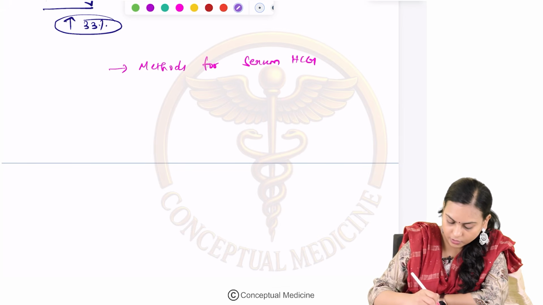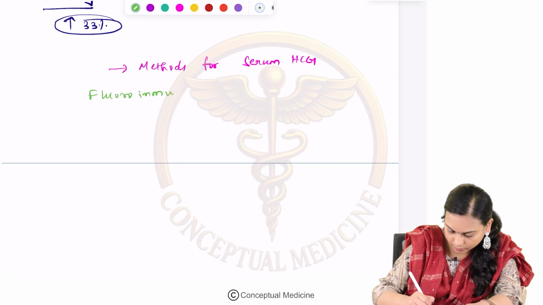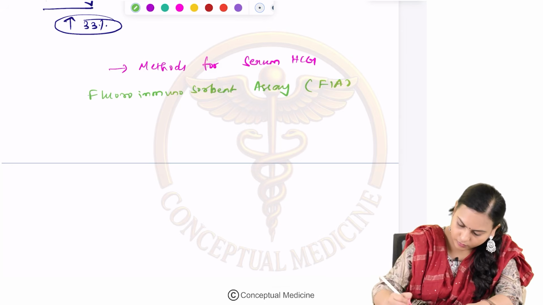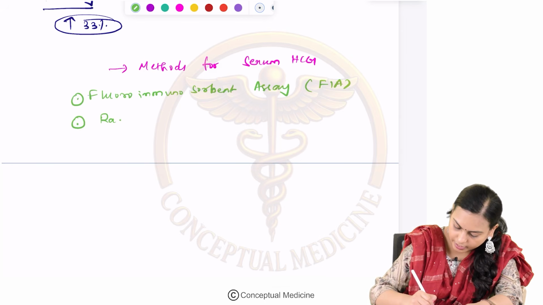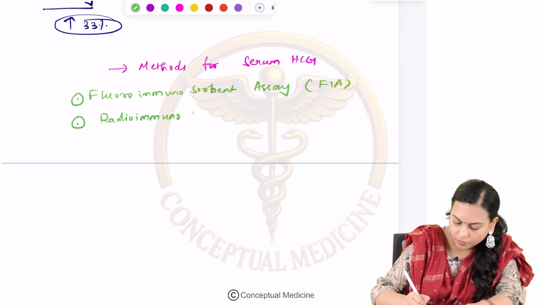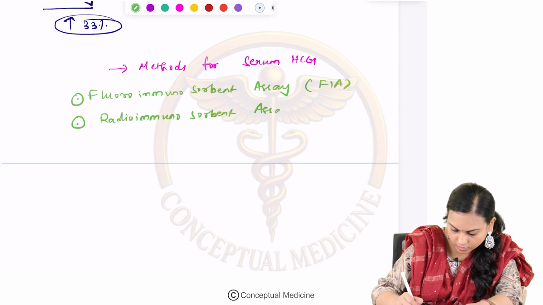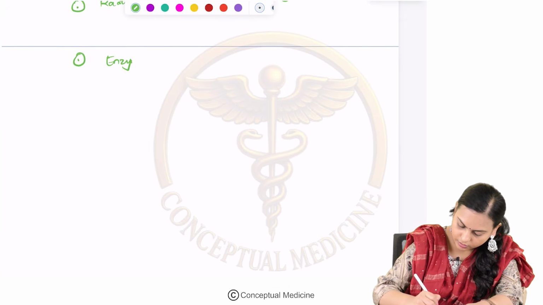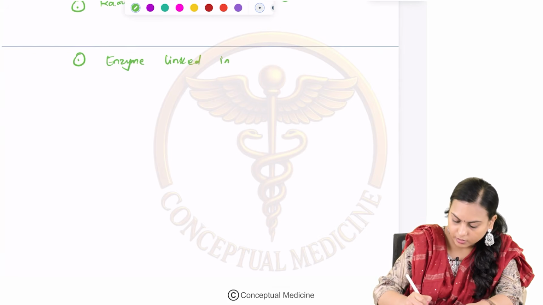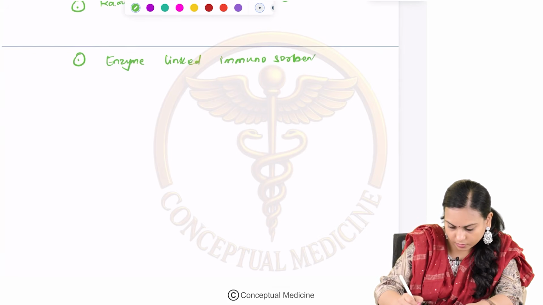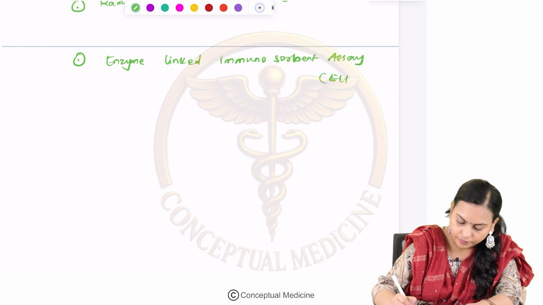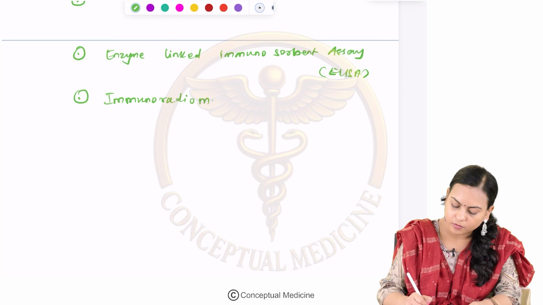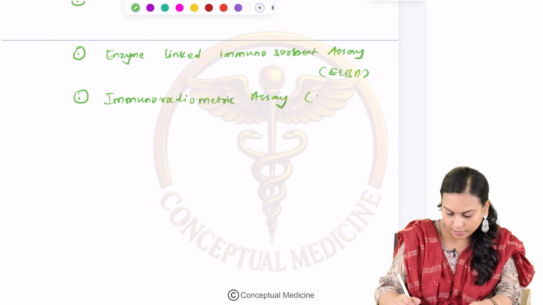Those include fluoroimmunosorbent assay, radioimmunosorbent assay, then enzyme linked immunosorbent assay, or immunoradiometric assay.